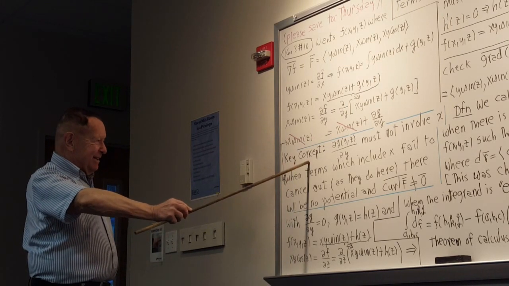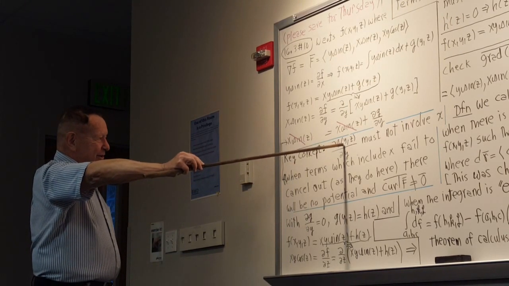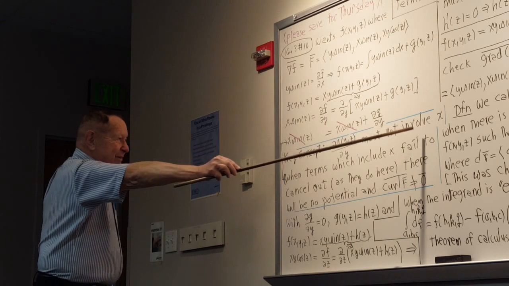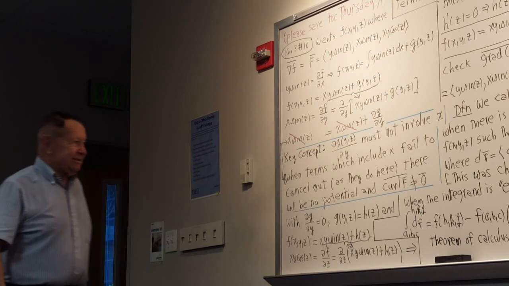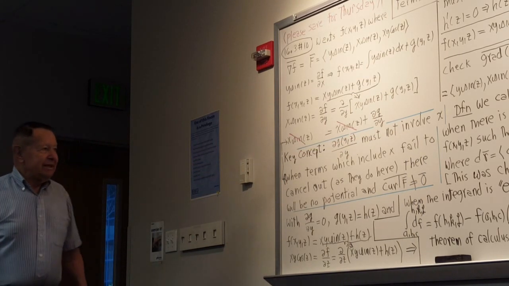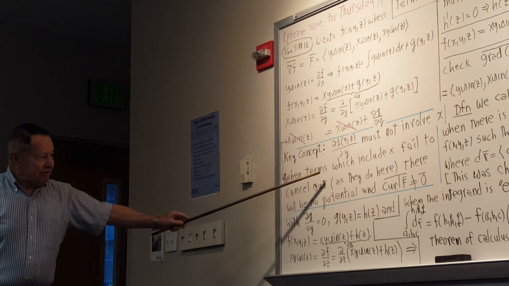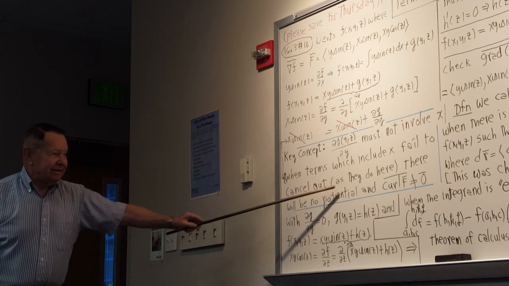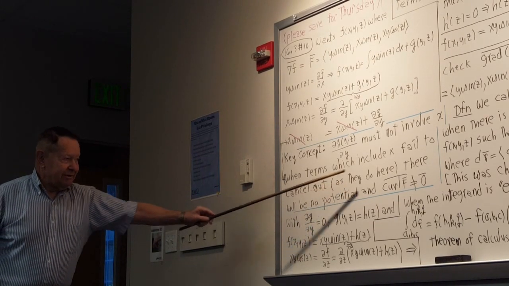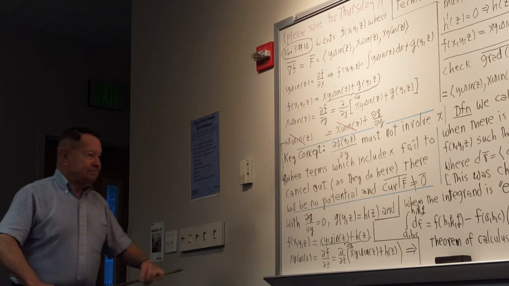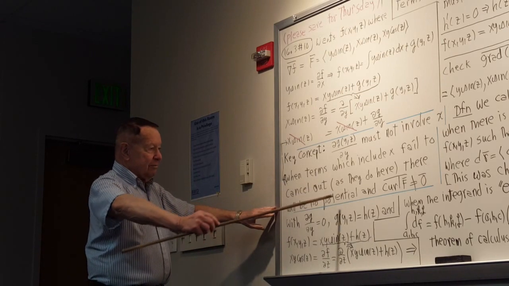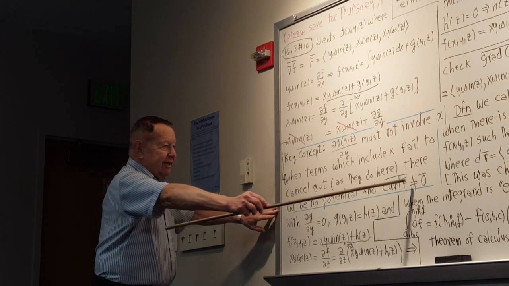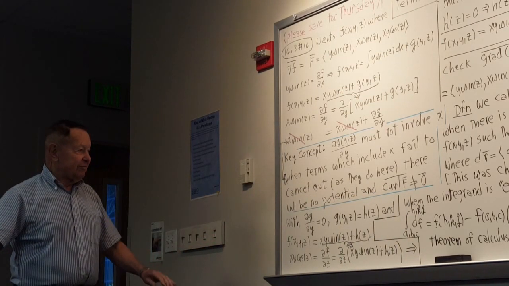The key concept here is that your partial with y must not include x. If the terms that include x fail to cancel, as here they do cancel, there will be no potential and curl f will not be 0.